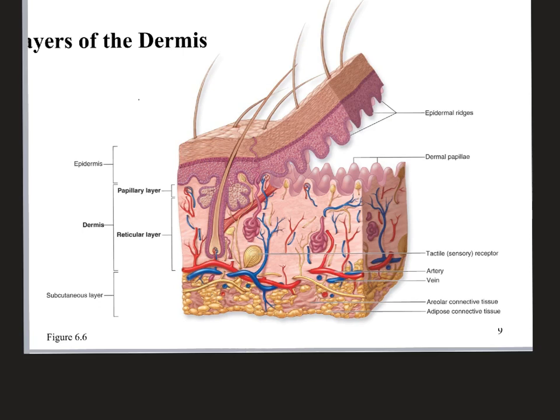Here's a sebaceous gland. This is a tactile or sensory receptor. You have some other ones up here. These are Meissner's corpuscles, which are sensory receptors for light touch. Numerous blood vessels, and then underneath, in the subcutaneous layer, which is the hypodermis and is technically not part of the skin, you have the adipose tissue.